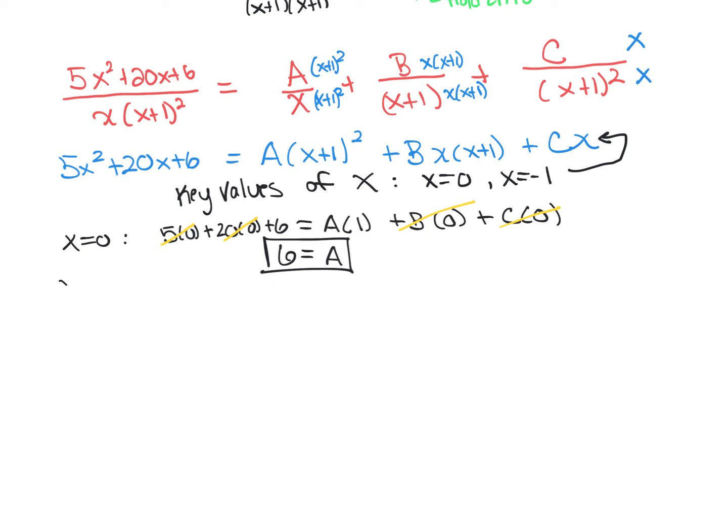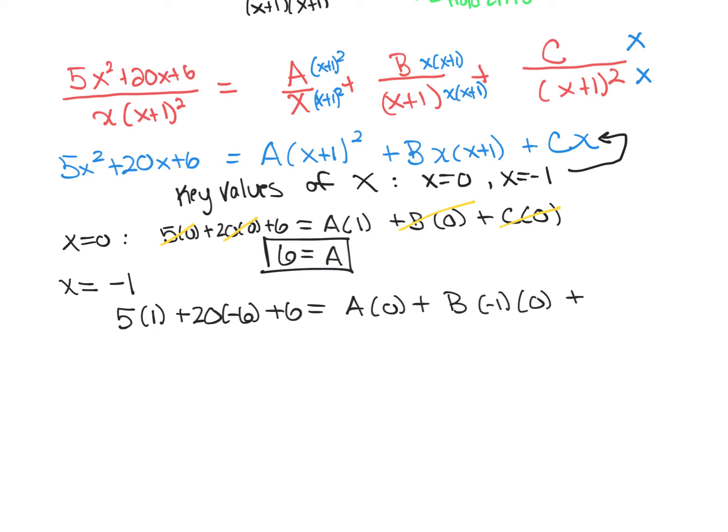If I do this again and let x equal -1, I'm going to get 5 times 1, because -1 squared is 1, plus 20 times -1 plus 6 equals a times 0 plus b times -1 times 0 plus c times -1. 0 times anything is 0, gone.